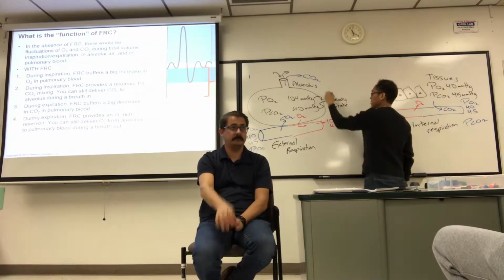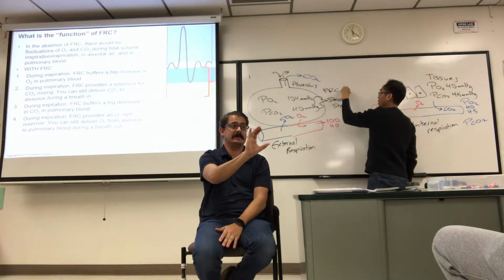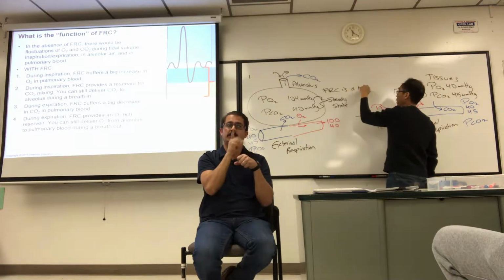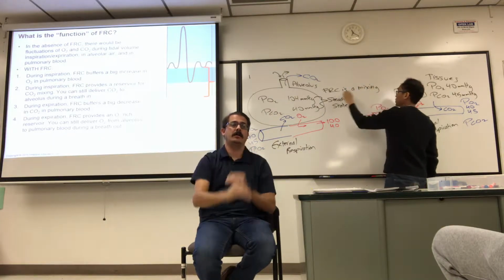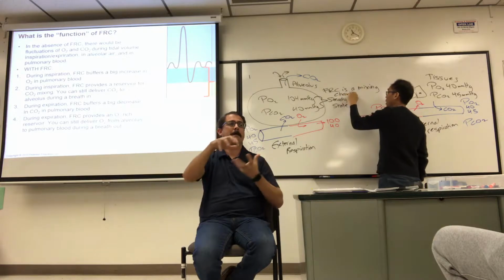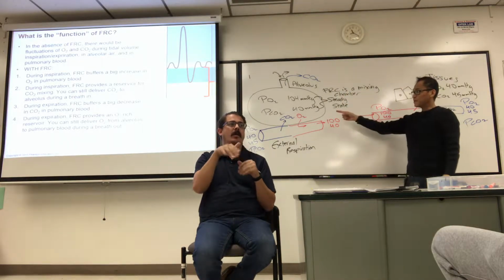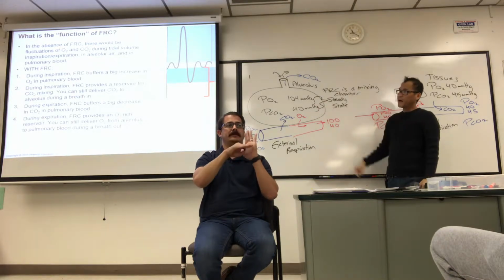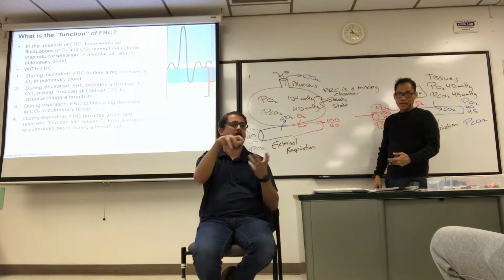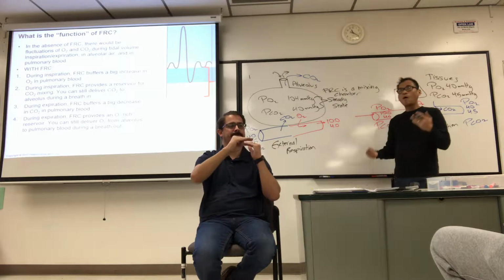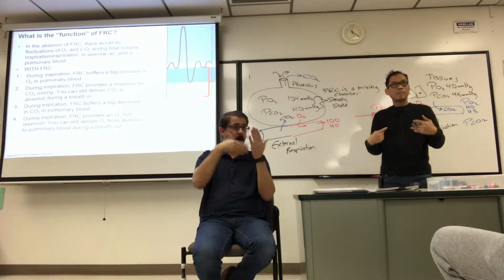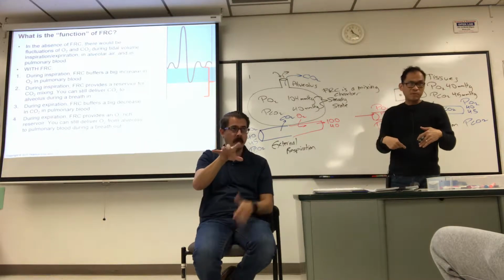So these numbers remain steady state. FRC ensures this. FRC is a big mixing chamber that keeps these values steady state. You're not removing all the air every time you take a breath out and then restoring it every time you take a breath in.